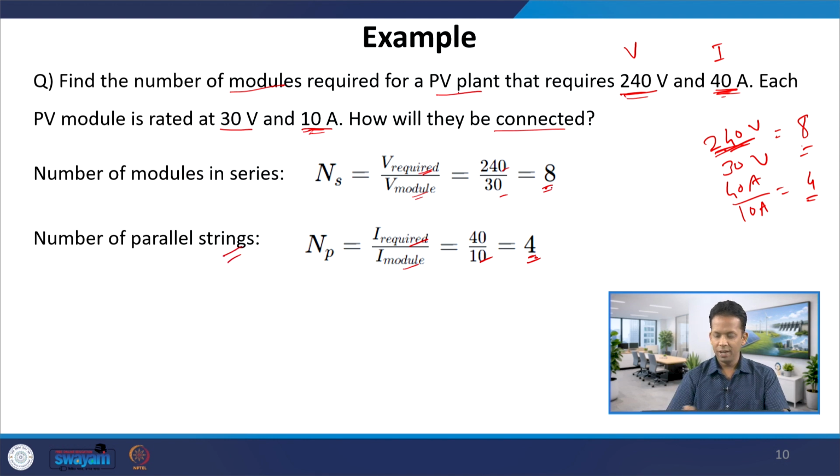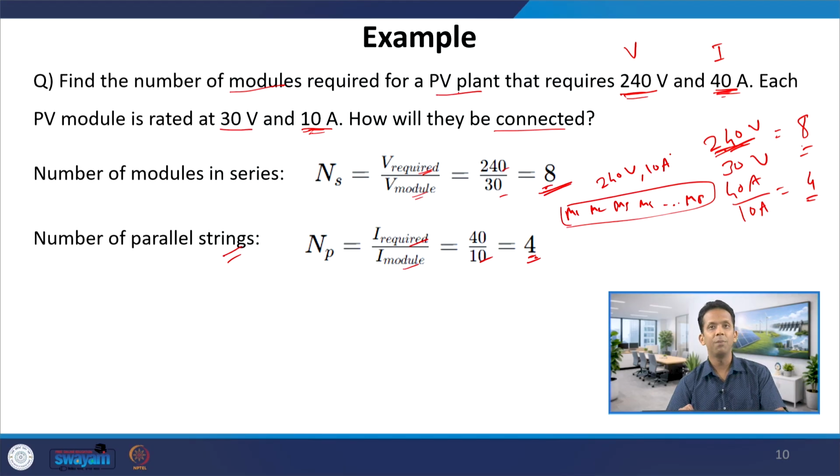One string has 8 modules, because once we connect these 8 modules M1, M2, M3, M4 up to M8, this is going to be one string. This one string is able to give us 240 volt and 10 ampere.